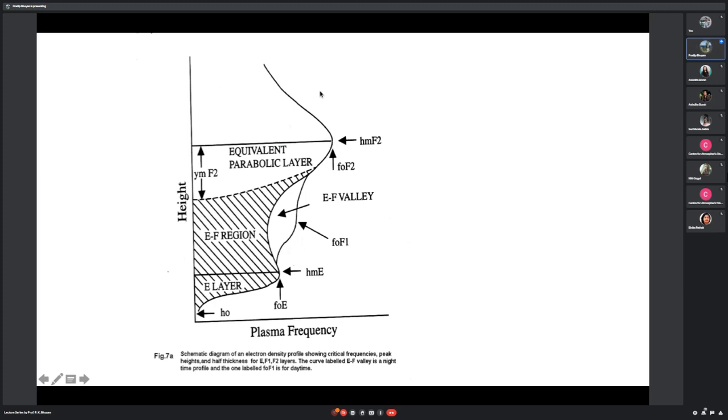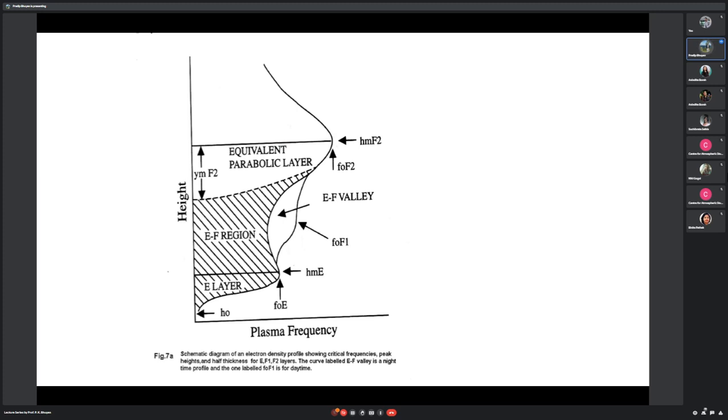Beyond that, normally it is not there, but some people now with very sophisticated ionosondes have seen another layer above F2. Some people have called it F3, some people are trying to call it a Z layer. It is not a common phenomenon.